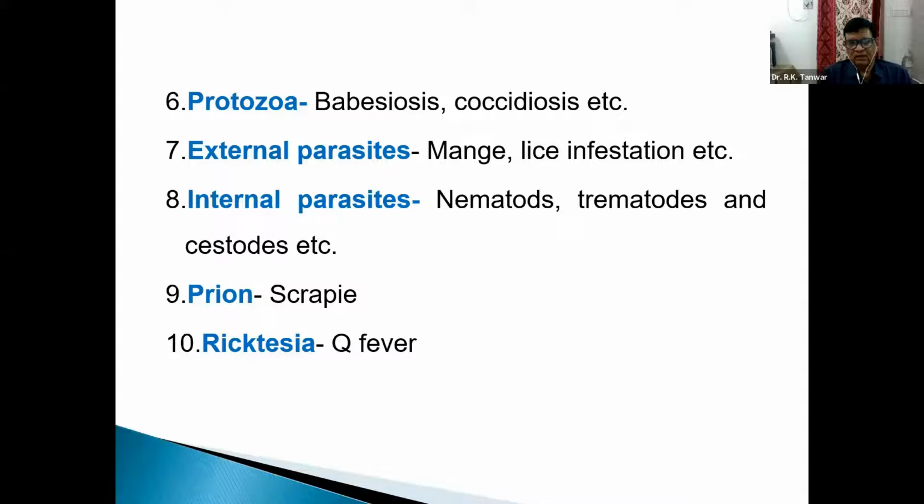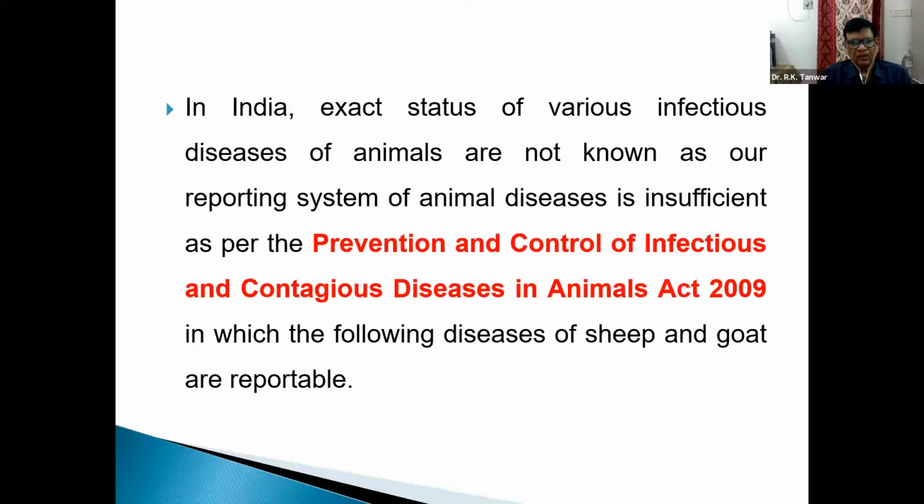Then the question arises from where humans get this prion, that is, Creutzfeldt-Jakob disease is present or confirmed in the human population. I don't know, but there is no report of scrapie in sheep and goat, and in cattle and buffalo there is no report of mad cow disease. Then we see Q fever, a non-clinical disease, not much problem.